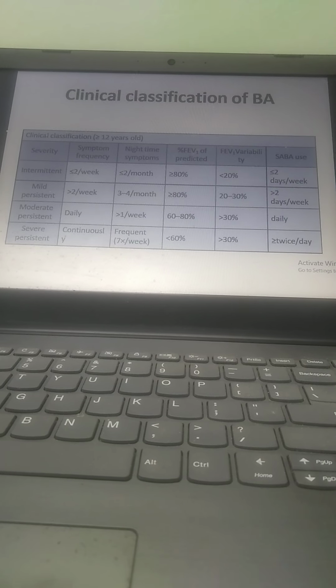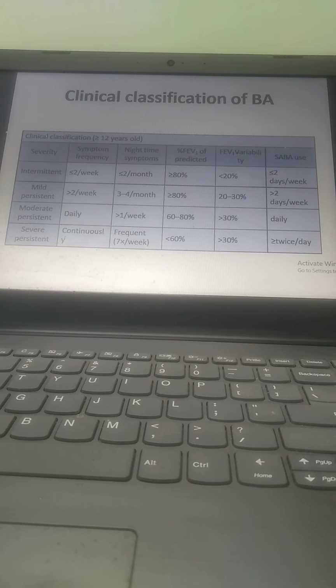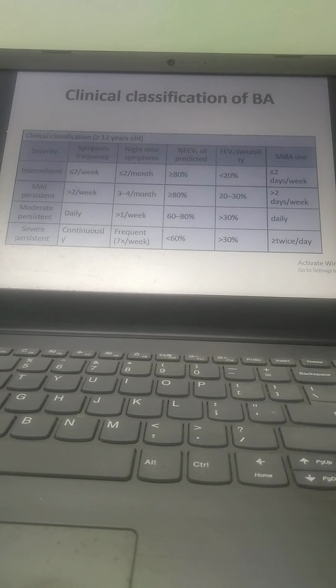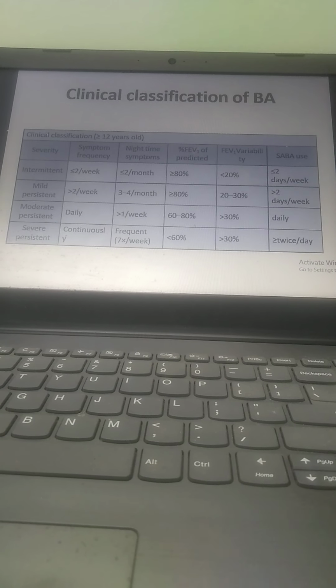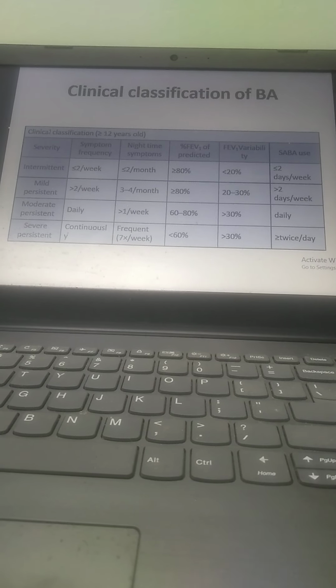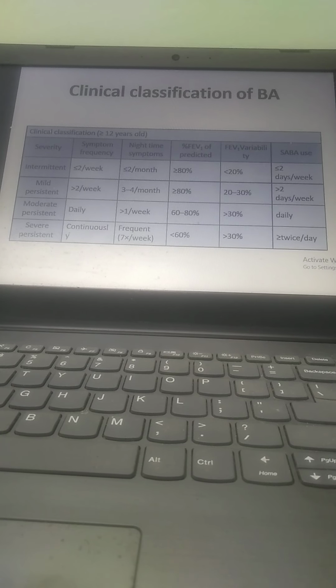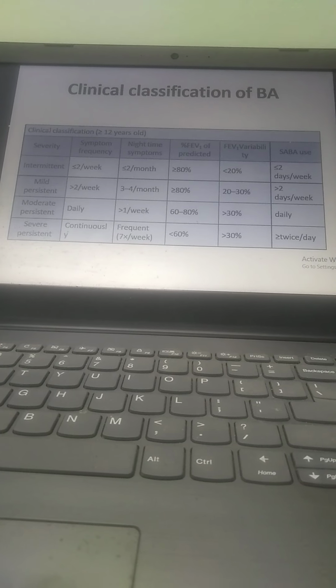But in the nighttime, symptoms increase with the passage of time. Then FEV1 is the marker. Suppose it is more than 80%, it is intermittent. It is the same when it is mild. So there is no difference between intermittent and mild so far as FEV1 is concerned. FEV1 is the forced expiratory volume in the first second.